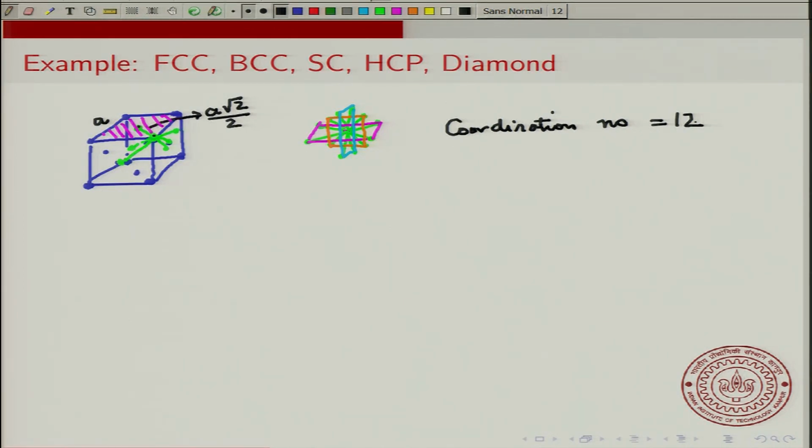What about BCC? In the case of BCC you can see it very easily, because if you take the central atom, the atom that is usually represented at the center of this cube, you can see clearly that it has 8 of these cube corners which are the nearest neighbors.